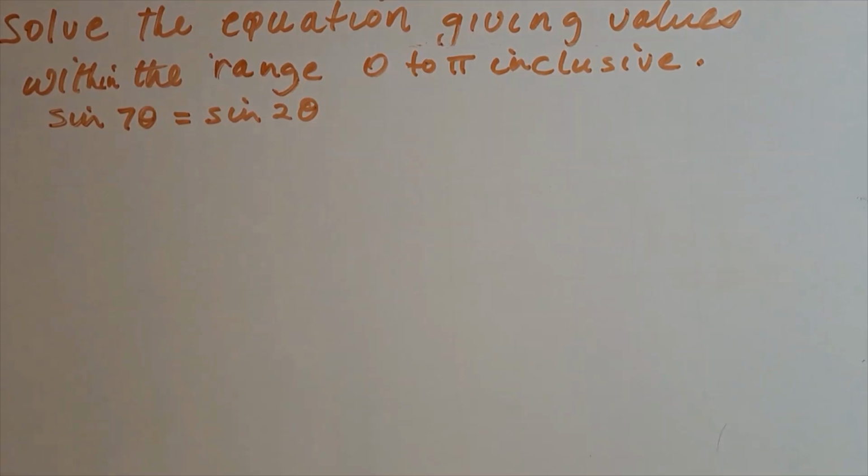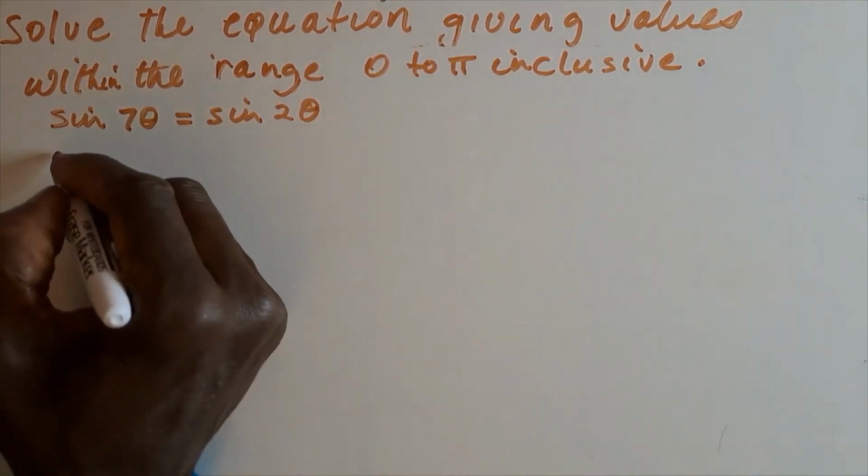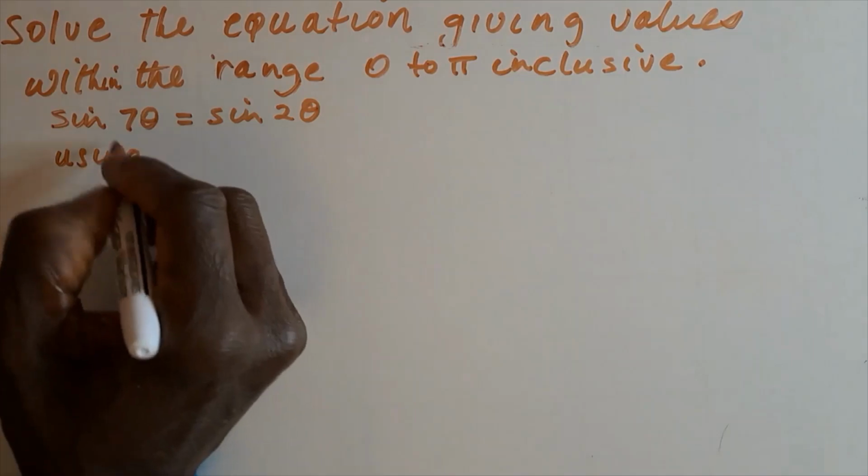Hello mathematicians. Solve the equation giving values within the range 0 to pi inclusive, and the equation is sine 7 theta is equal to sine 2 theta. We'll be making use of this relationship.